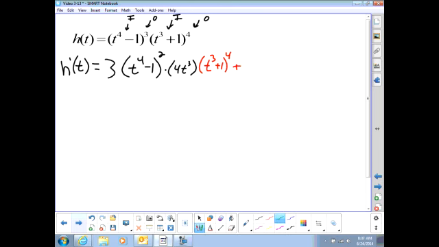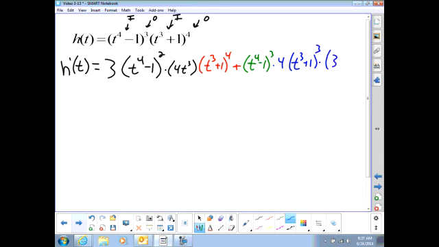And now times the derivative of the second. So we did derivative first, regular second, plus regular first, now derivative of the second. We'll have to do a chain rule. The 4 comes out front, keep the t cubed plus 1 the same, raised to the 3rd. Times the derivative of the inside, which is 3t squared.